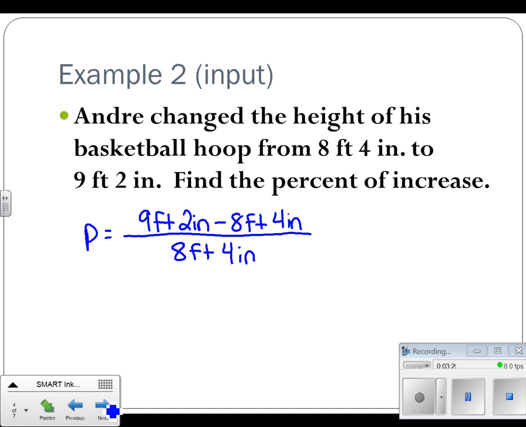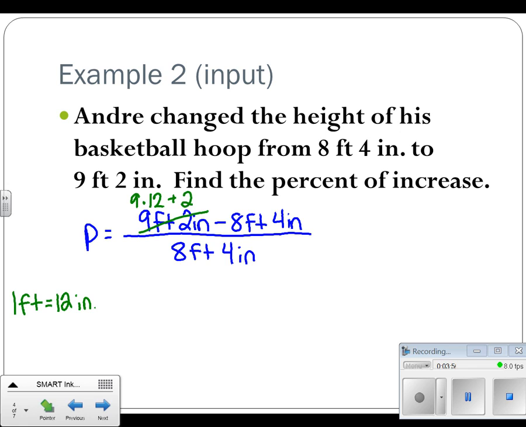Before we subtract on the top and then do the division, we have to convert everything into just inches. We know 1 foot is 12 inches. So I'm going to change 9 feet 2 inches: do 9 times 12, and then add the 2 inches to that.